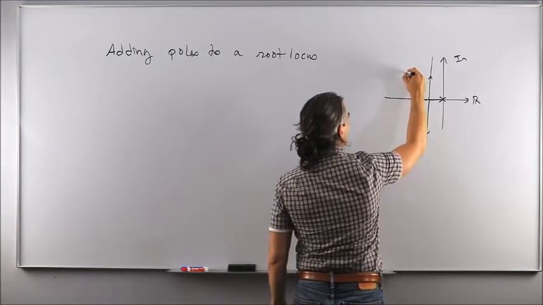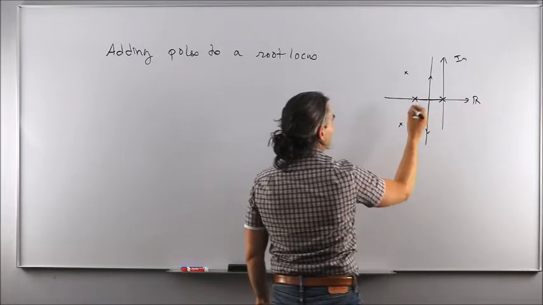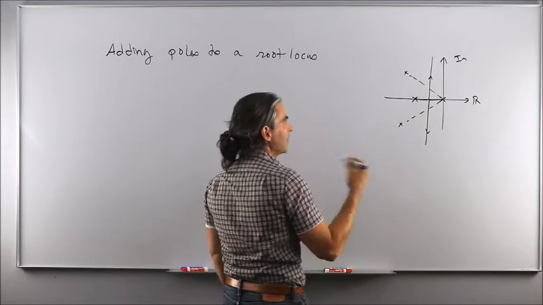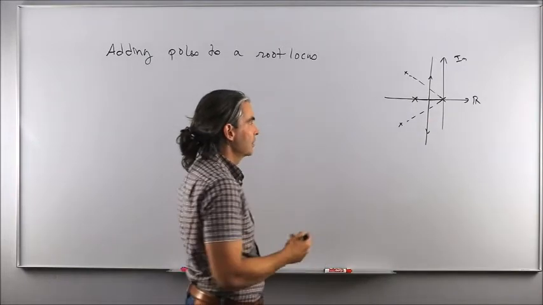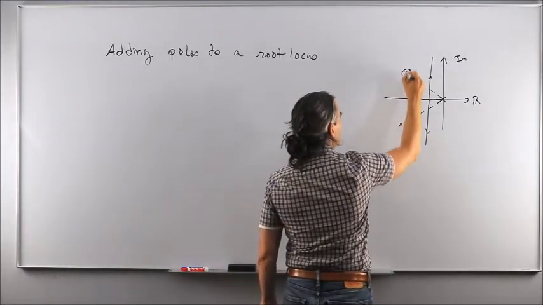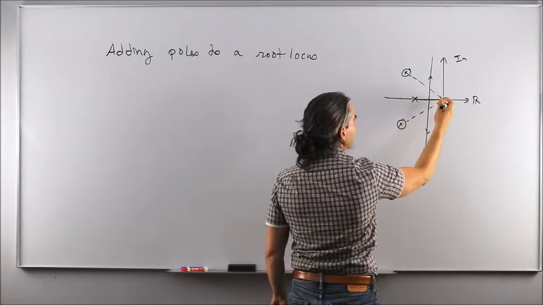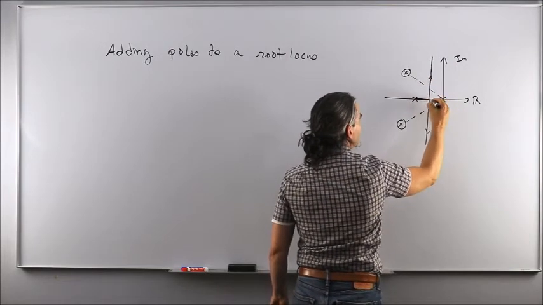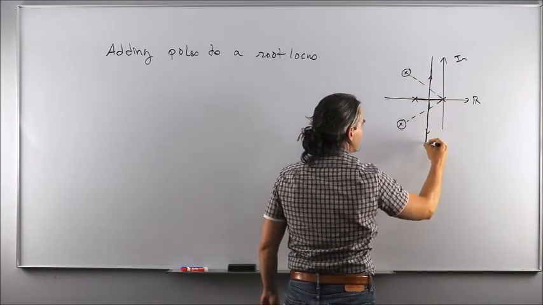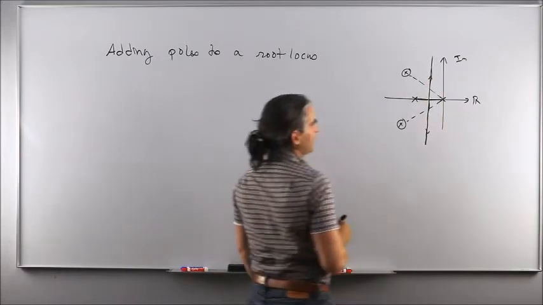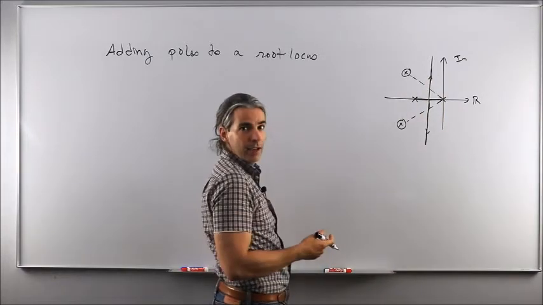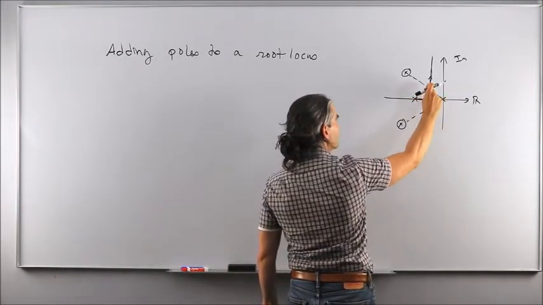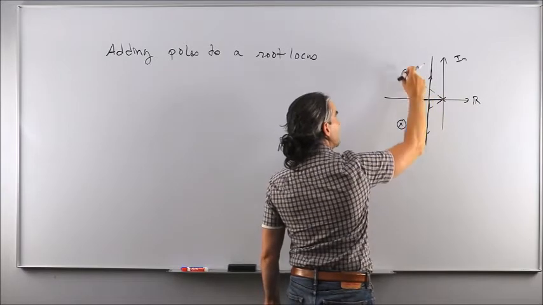I'd really like to have my poles here and there so that they satisfy the specs I have on Ts, on maximum overshoot, or rise time, and so on and so on. So these pole locations would be ideal for me, yet I know that if I have this root locus, I'm kind of constrained to move my closed loop poles along the two branches like that. And no matter how I crank the gain of my open loop transfer function, I'll never be able to move my poles away from their respective paths and end up there.